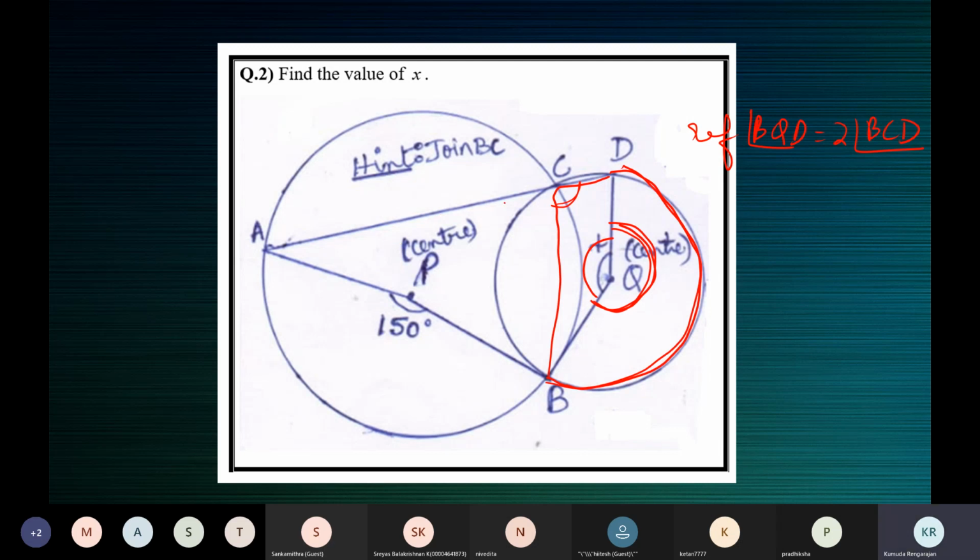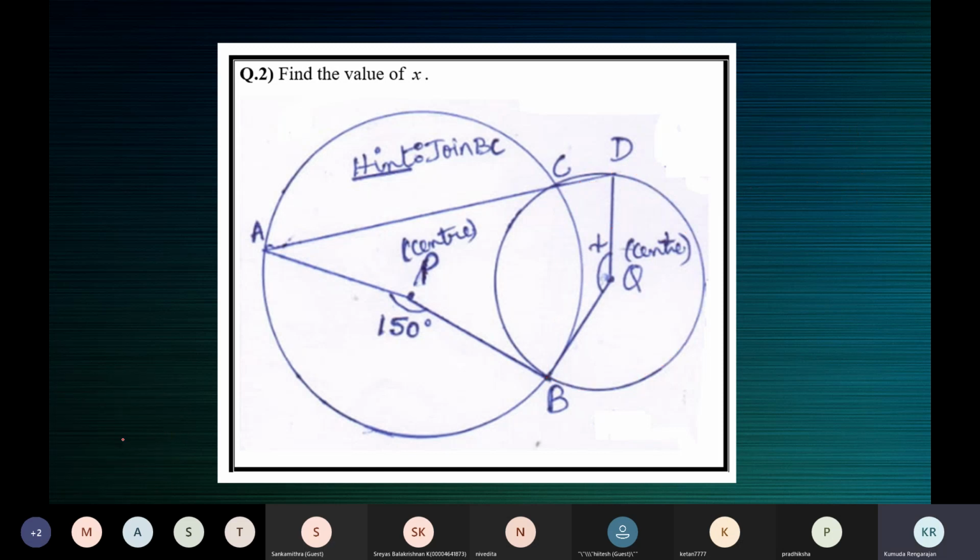You should write the rule. Once you write the rule, you can fill in the values. Reflex of BQD is equal to twice BCD. So what is reflex BQD? Reflex BQD is 360 minus X. No, I've written an equation and I'm substituting. One second.